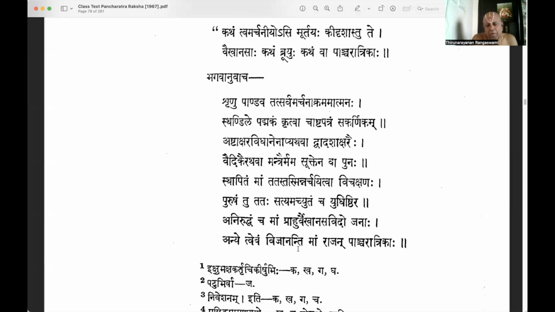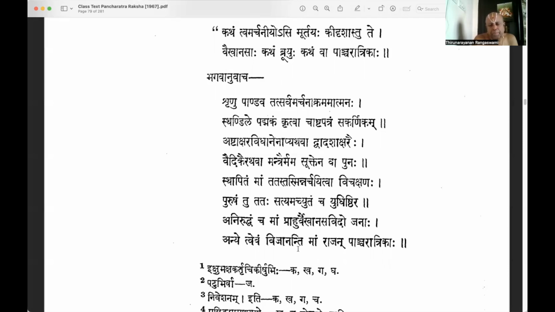Kidrshastu, how are they? Te your Kidrshastu Murtayaha. That means, how should we worship you? Number one, in different forms. What is the procedure for different forms? Then how do the Vaikhanasa people say the procedure? Katham, how?